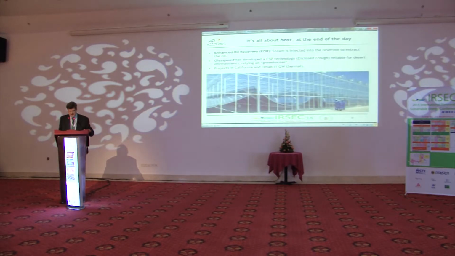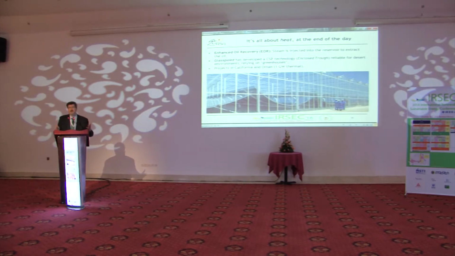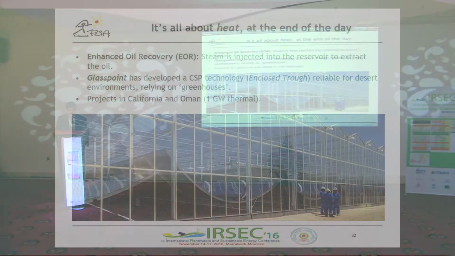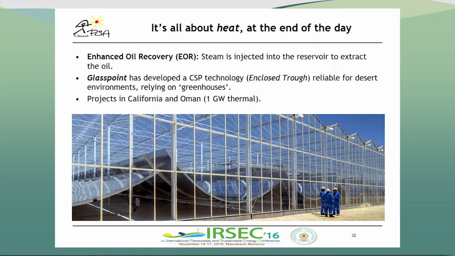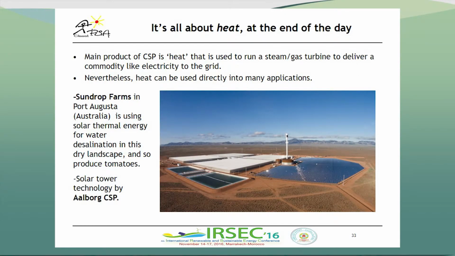They put this solar field into a greenhouse to protect the field from the wind and from the dust. This plant is in Oman. And as there is no wind, the structure of the system can be lightened, and it's cheaper, and it works.